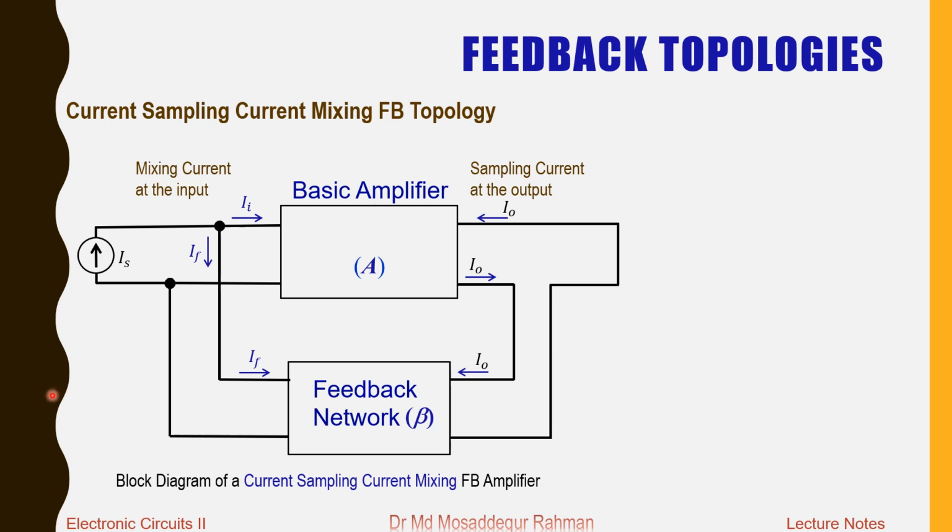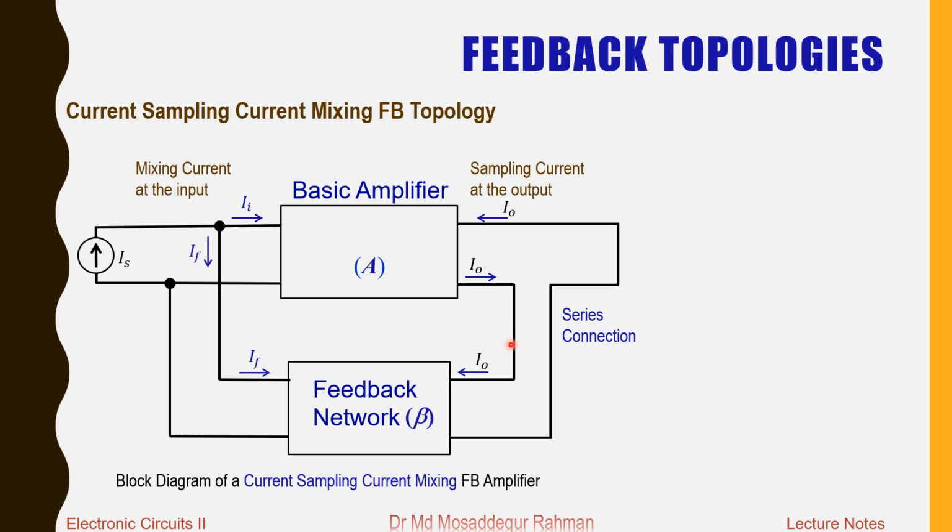Our next feedback topology is current sampling and current mixing. This is the block diagram, and you see how the circuit is connected at the output so that the output current can flow through the feedback network.